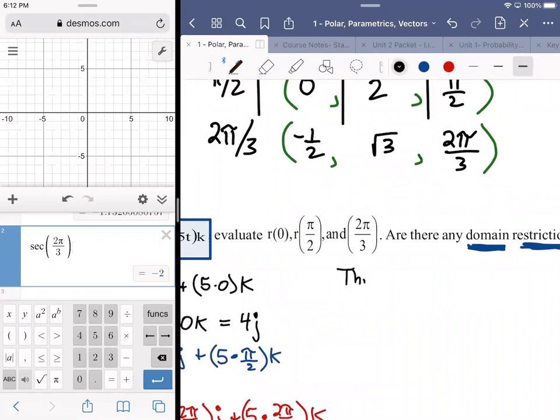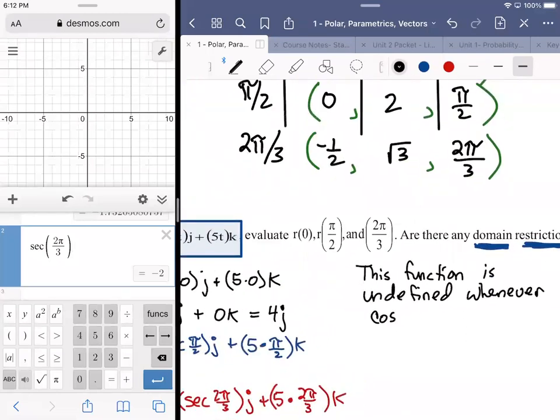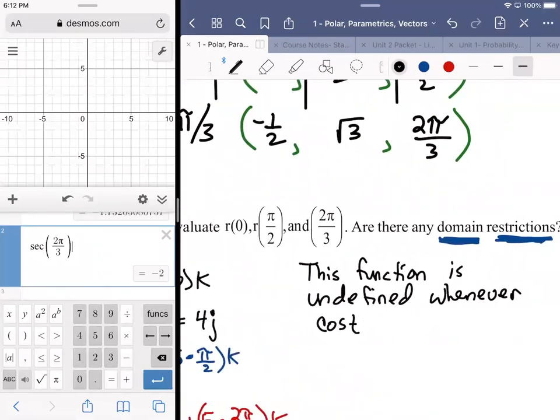This function is undefined whenever cosine, the argument is t, so I just want to make sure I didn't put a theta there. Cosine of t is equal to 0, right?